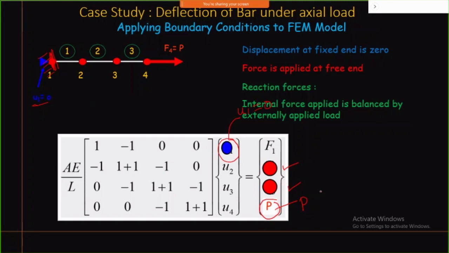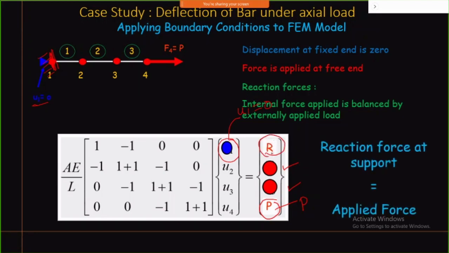And this force is nothing but a reaction. Normally we know that if I apply 100 Newton on the right side, at this fixed node you get a reaction of 100 Newton equally, and that is a force balance kind of thing.